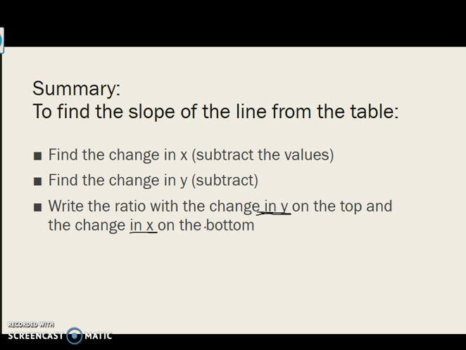Then you're going to write the ratio with the change in y on top, and the change in x on the bottom. Just like on the graph, how the x-axis is on the bottom of the graph, and when we were learning about unit rate and whatever label was on the x-axis went on the bottom of the ratio, same thing, so it goes on the bottom. And then you simplify the ratio. And that's it. That's how you find slope from a table.